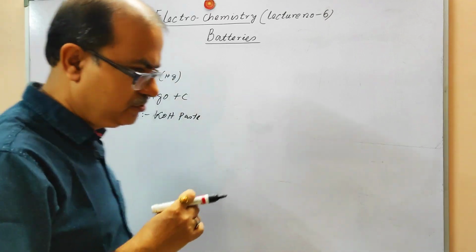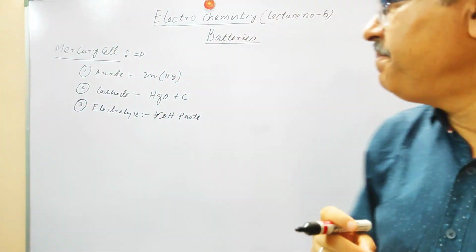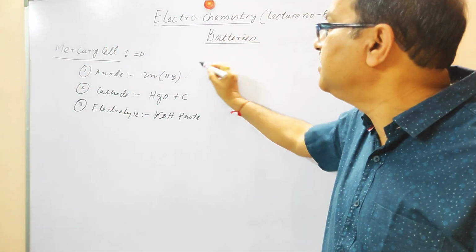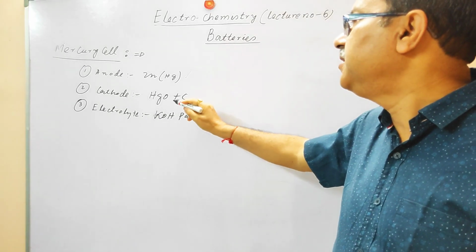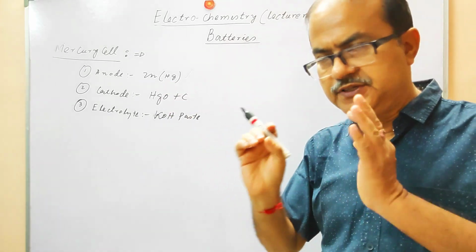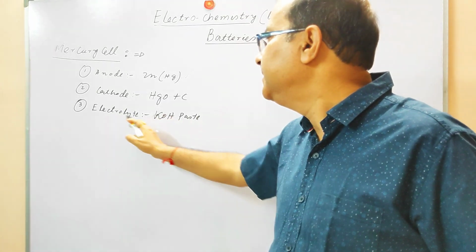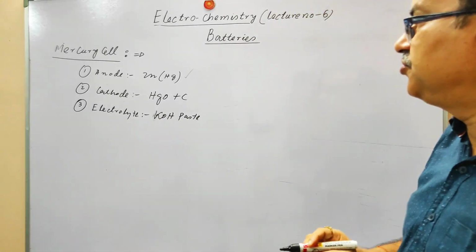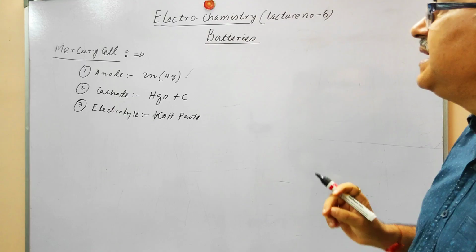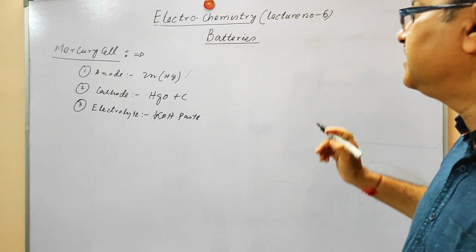So the anode is zinc amalgam. Then the cathode is AgO plus carbon dust, in paste form, and here the electrolyte used is KOH. So what will be the reaction in the mercury cell? Let us understand.